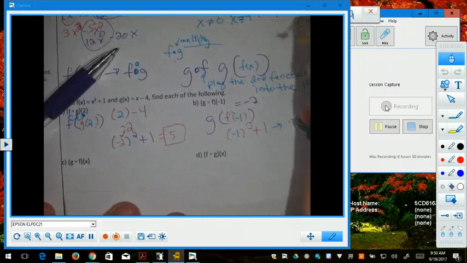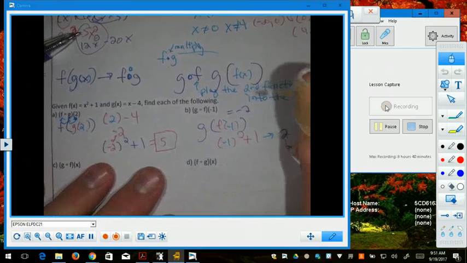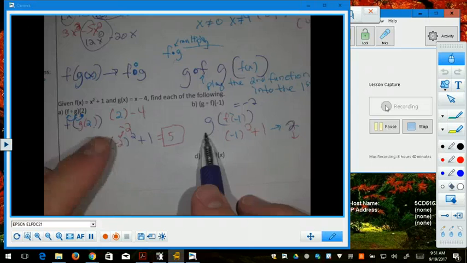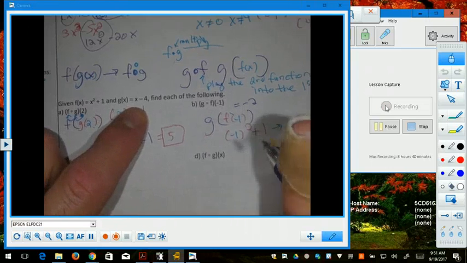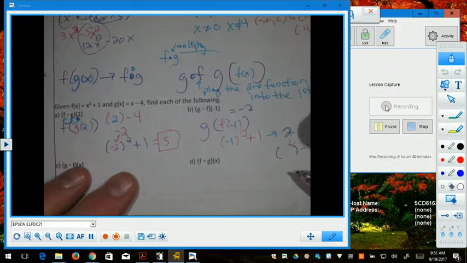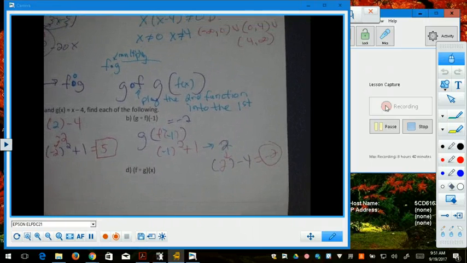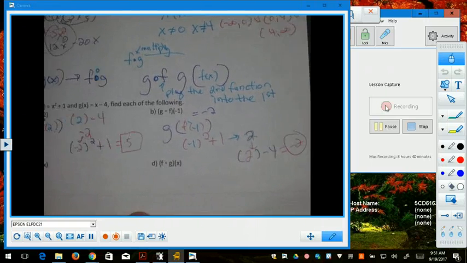That gives me 1 plus 1, which is 2. I take that 2 and I plug it into G of x, which is x minus 4. And 2 minus 4 is -2.